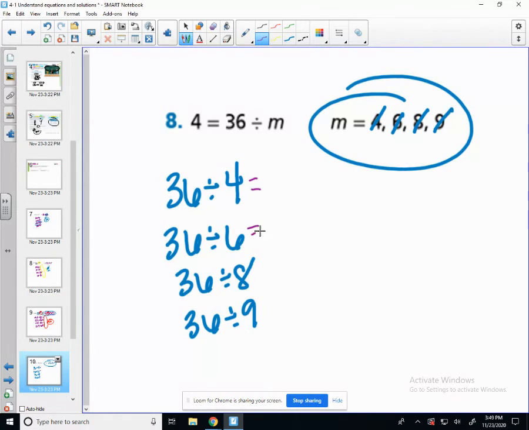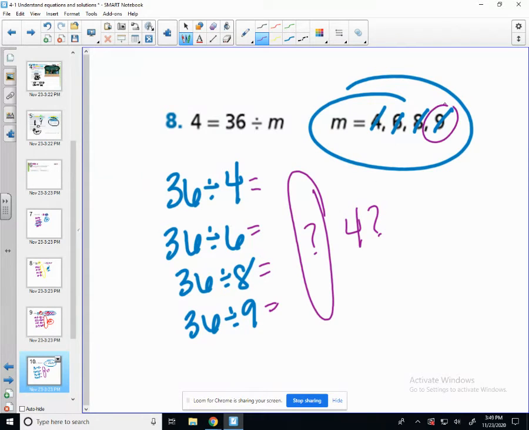Do any of these answers equal 4? Good. 9. So 9 would be your final answer.